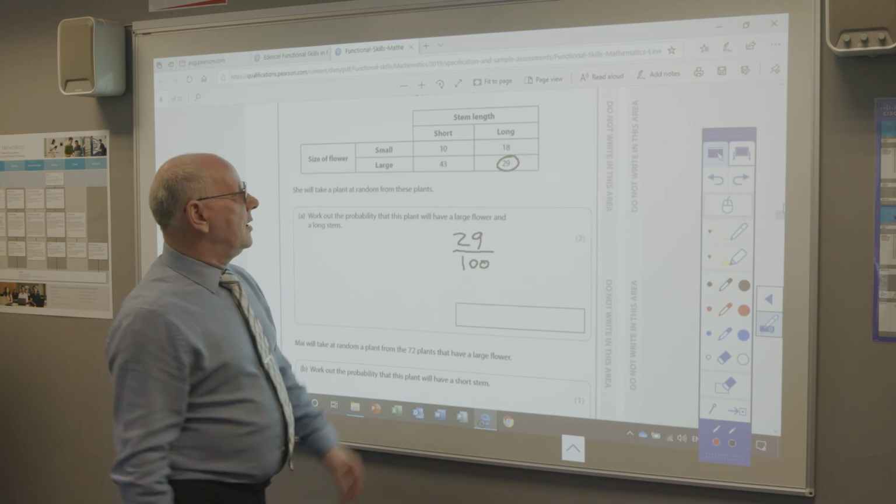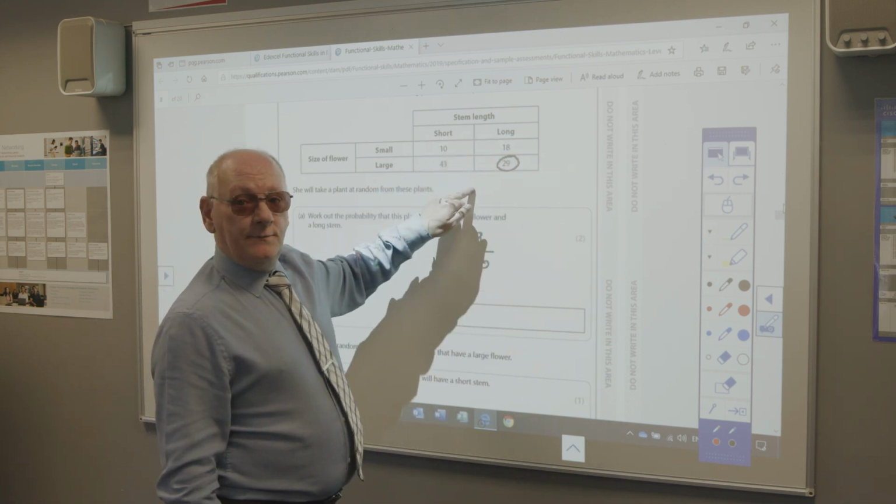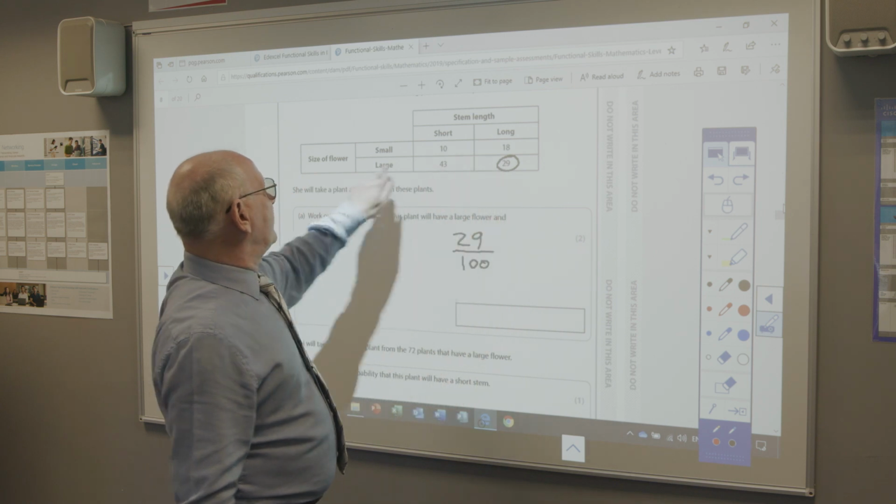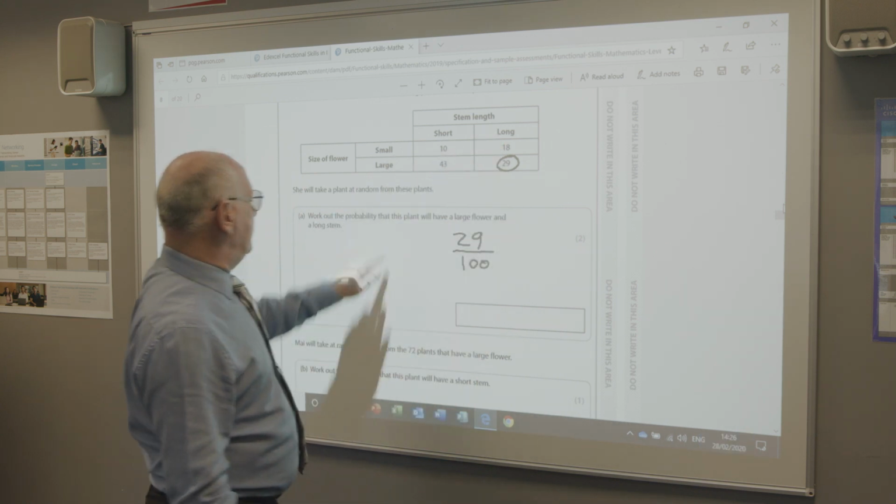Job done. There's only 100 flowers altogether. Only 29 of them have a large flower and a long stem.